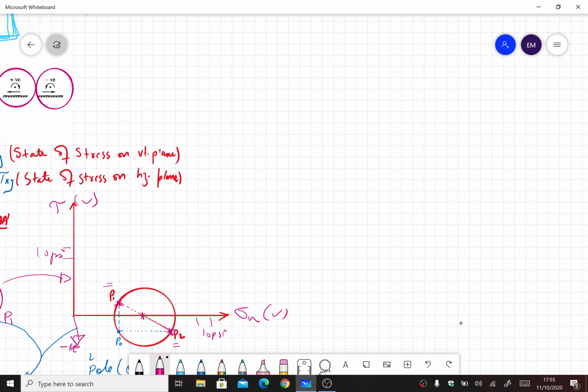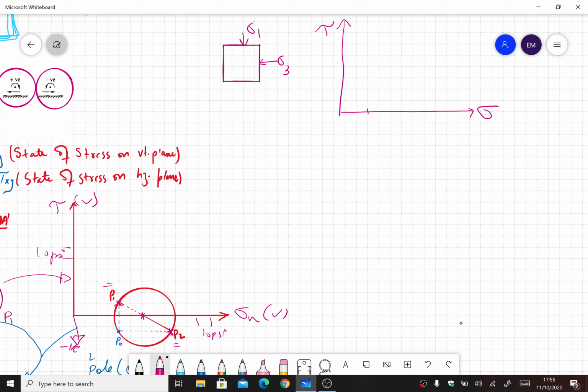To further clarify that, if we have a soil element, and we have normal stress here and normal stress here, as it does not have any shear stresses, that means sigma 1 and sigma 3 are the major and minor principal stresses. So let's plot the Mohr circle for this. On the x-axis we have sigma, and on the y-axis we have tau.